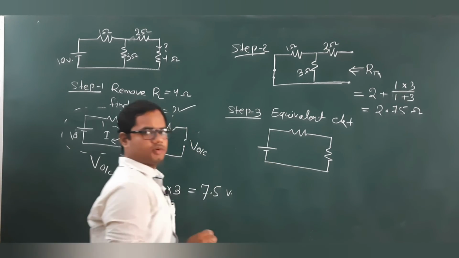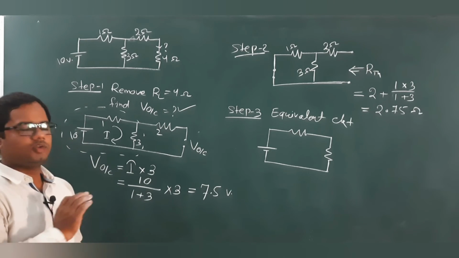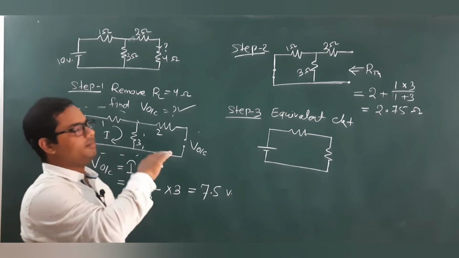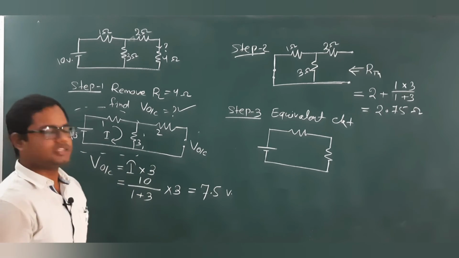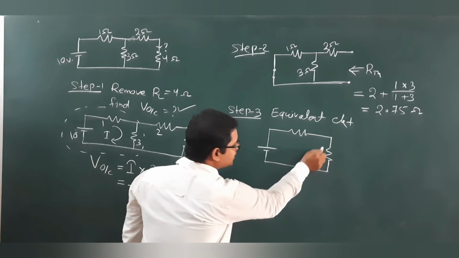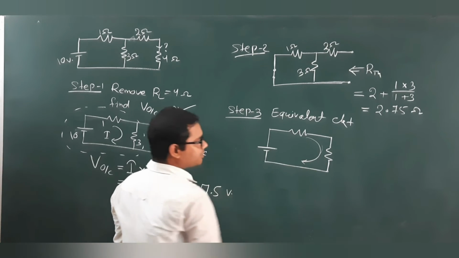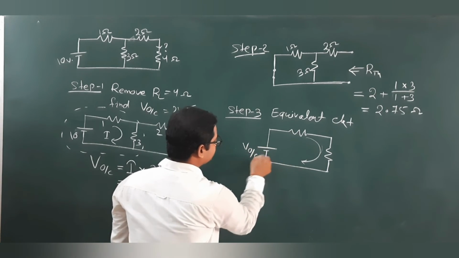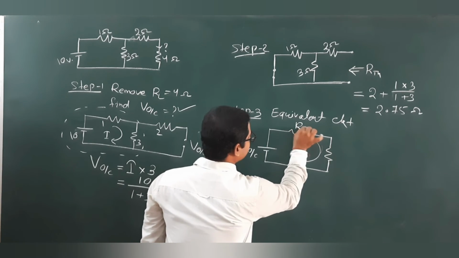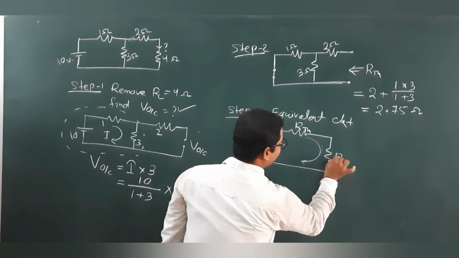The statement says the circuit will be replaced by a circuit having a voltage source and a series resistor, meaning the same current is flowing in the circuit. So it is VOC, this is RTH, this is RL.